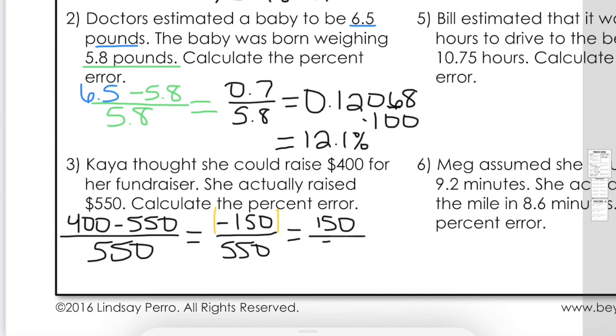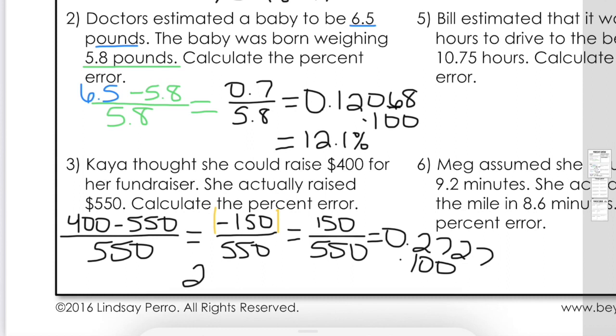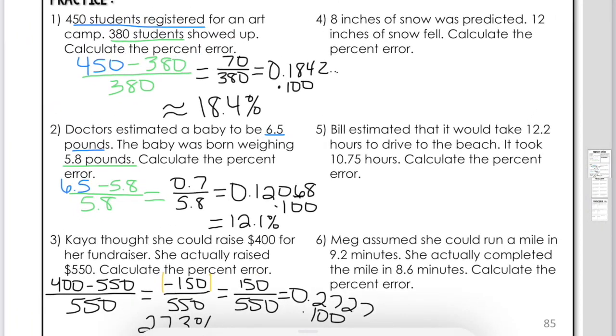So 150 divided by 550 is what you would do, which would give you 0.27 repeating, 0.272727, and so on. So again, multiply by 100, and that gives you approximately 27.3% error.